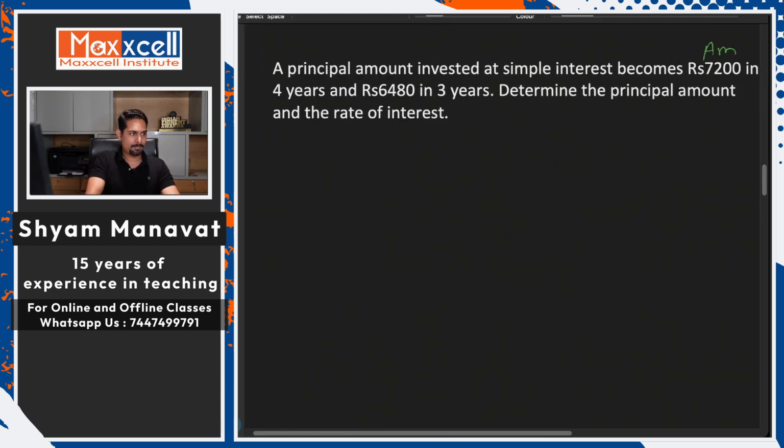let's get it started. Solution: I will assume interest for 1 year equal to I. Now, to write this amount, what is amount? Amount equals principal plus interest. Correct?